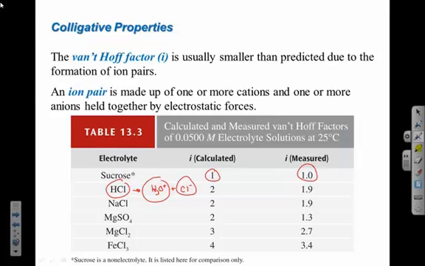And so I predict 2 particles produced for every 1 HCl, and the Van't Hoff factor is just a little bit less than that. For the predicted value here, also 2, because I get 1 Na plus and 1 Cl minus, the Van't Hoff factor is just a little less than that. Here I should get 1 Mg2 plus and 1 SO4 2 minus, so I predict the value of 2. Why is this one so much less than the predicted value?